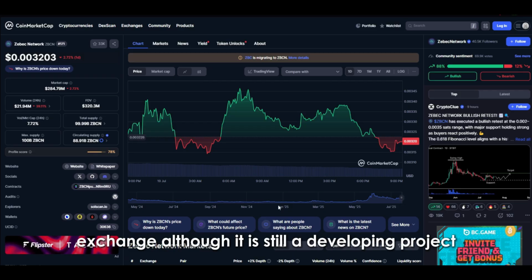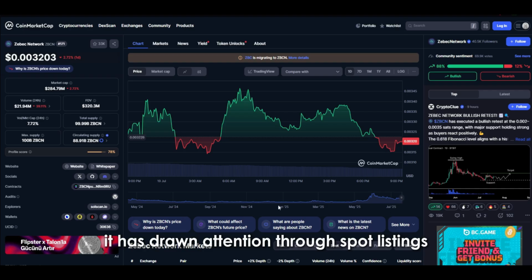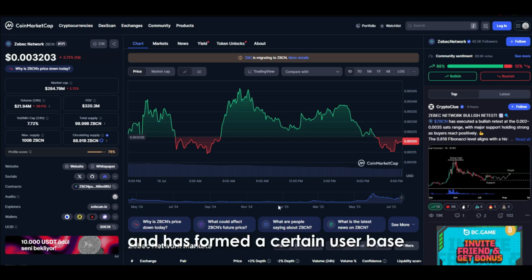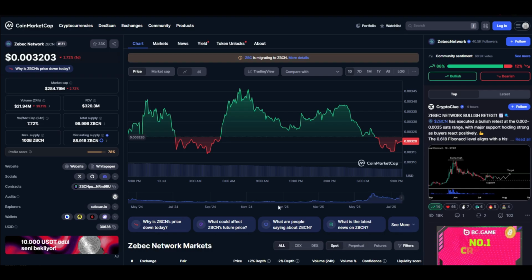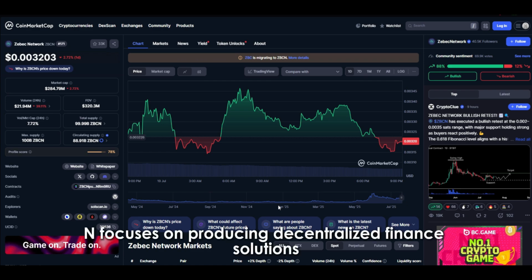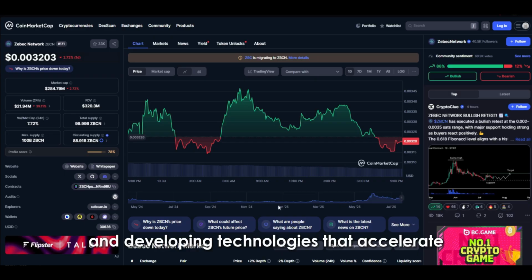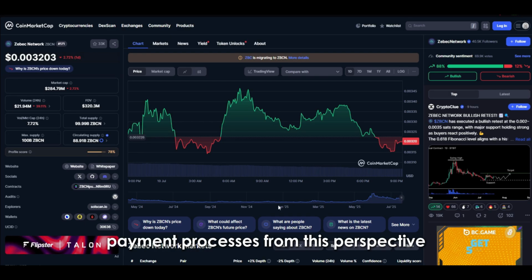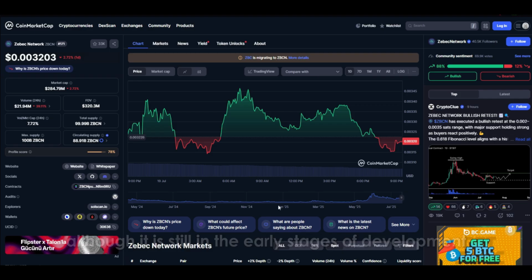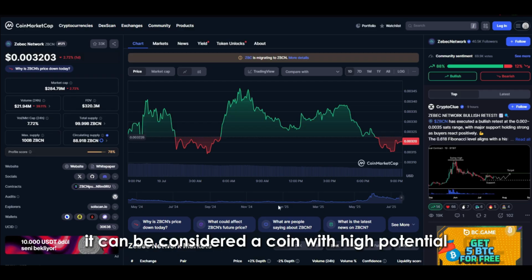Although it is still a developing project, it has drawn attention through spot listings and has formed a certain user base. Zbcn focuses on producing decentralized finance solutions, supporting cross-chain bridges, and developing technologies that accelerate payment processes. From this perspective, although it is still in the early stages of development, it can be considered a coin with high potential.